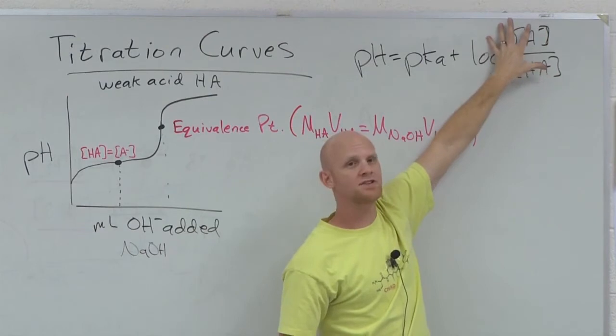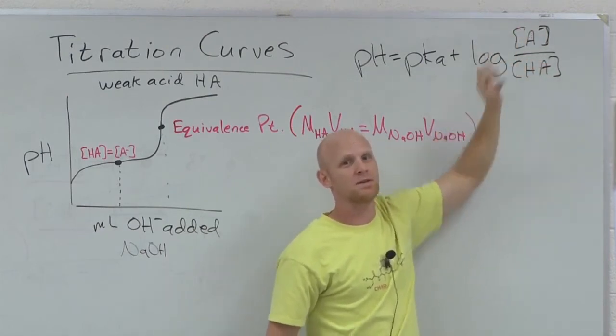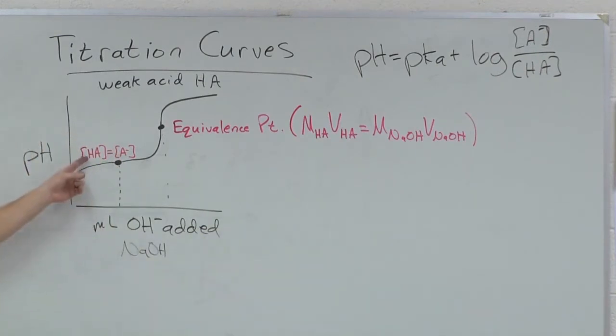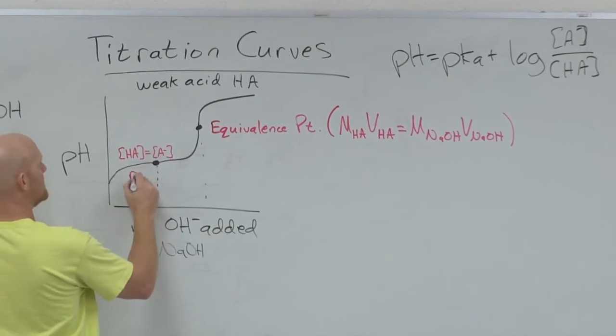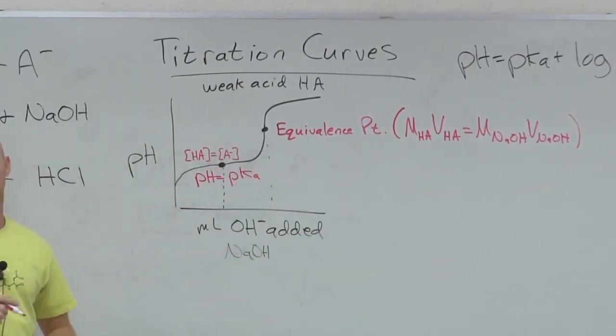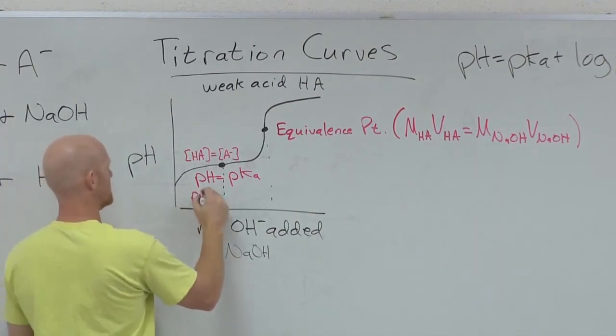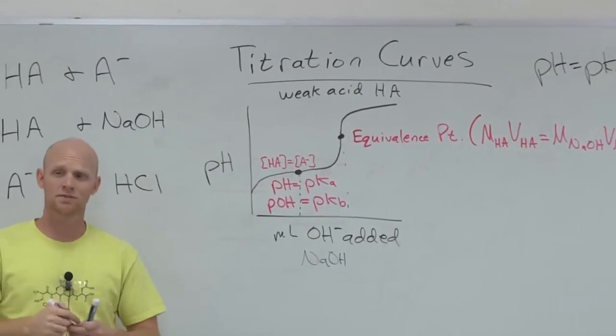And what would the pH in a generic sense equal at that point? The pKa of your acid. So at this point, HA equals A minus, but as we just learned from Henderson-Hasselbalch, that would also mean that your pH equals your pKa. You can also say that your pOH equals your pKb. We will probably not have to use that, but it's no less true.